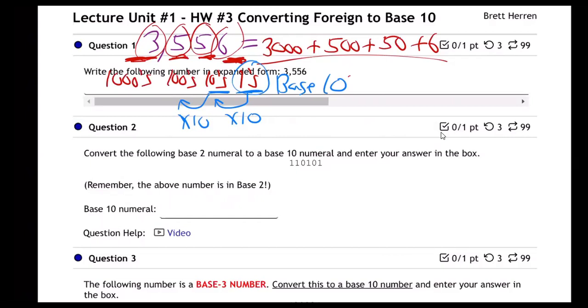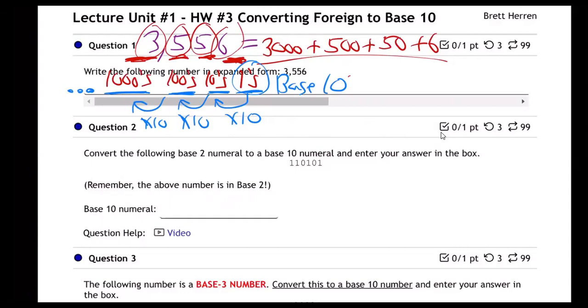We start with the ones and we go times 10 is 10, times 10 is 100, times 10 is 1,000, and so on. If you wanted to do more, it would just keep multiplying by 10, wouldn't it? So we have a base 10 system, which means the place values multiply by 10 every time.